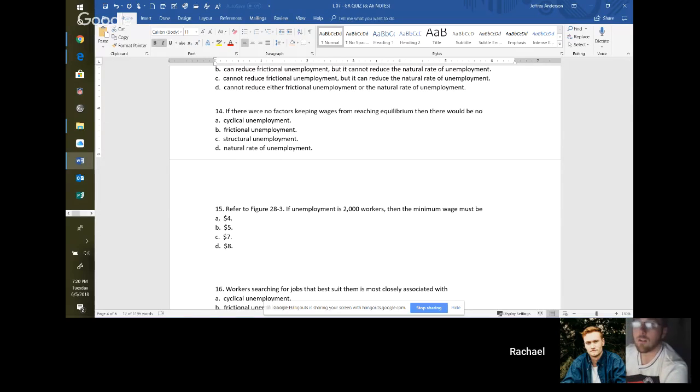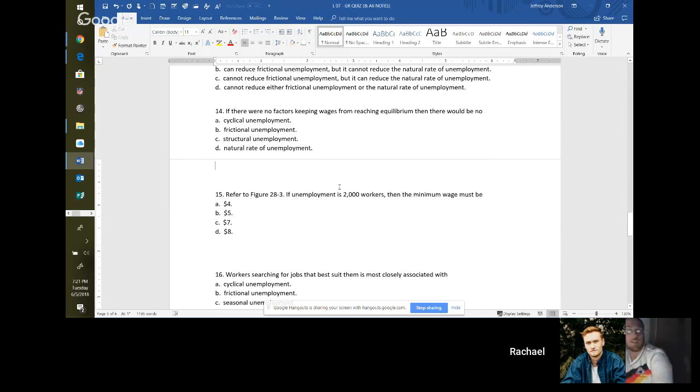Okay. So if there were no factors keeping wages from reaching equilibrium, then there would be no, just keeping wages from. These are hard questions, because I don't understand the concepts behind all of these.